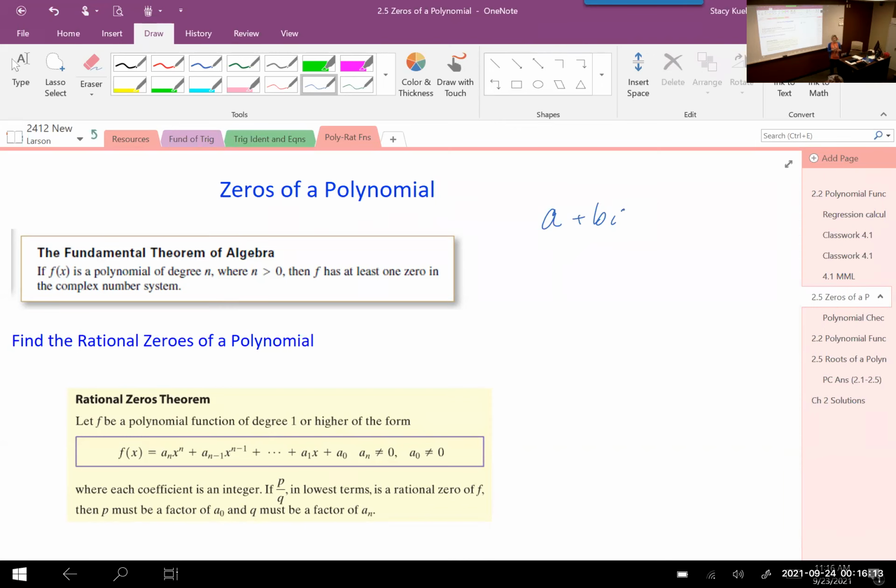So we generally deal in the real number system, right? The real numbers being whole numbers, integers, rational numbers, irrational numbers like pi or square roots, all right?